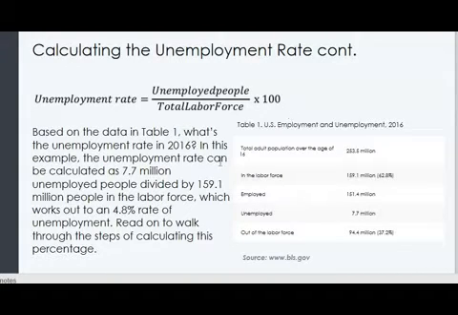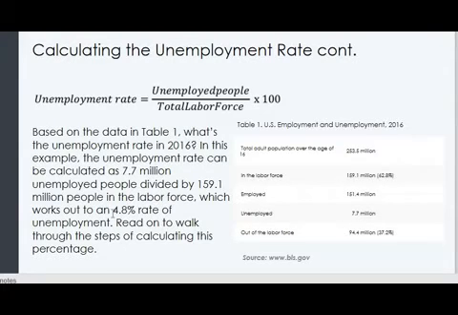Okay, so we have here, based on the data in table 1, what's the unemployment rate of 2016? In this example, the unemployment rate can be calculated as 7.7 million as being written here, divided by 159.1 million people in the labor force. Ito yung nasa labor force, okay?